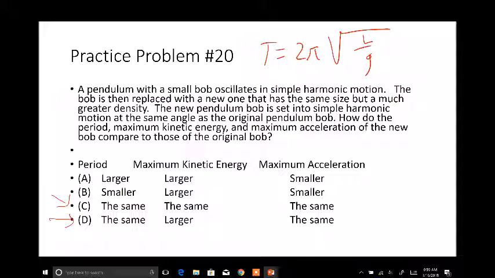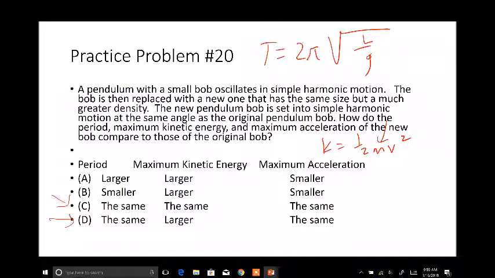Well, the mass increases. We know that kinetic energy is 1/2 mv squared. Well, since there's more mass, there's going to be a larger amount of kinetic energy, assuming the speed is the same. So kinetic energy should be larger. So it's looking like D is probably going to be our answer.